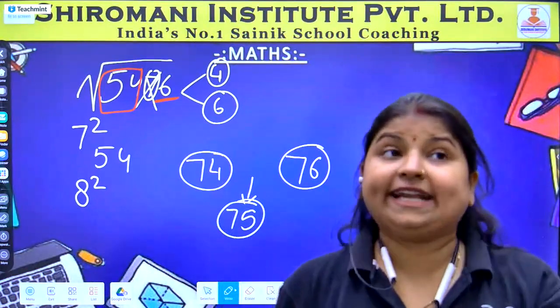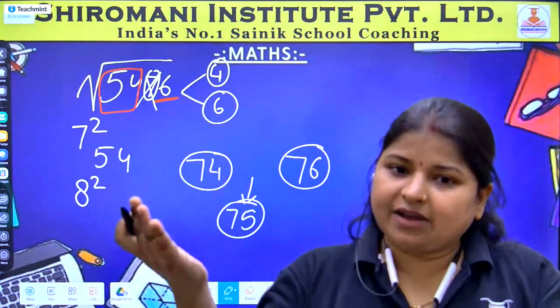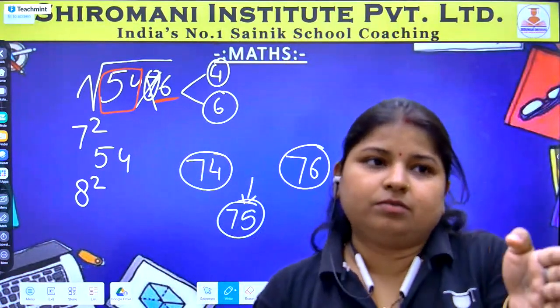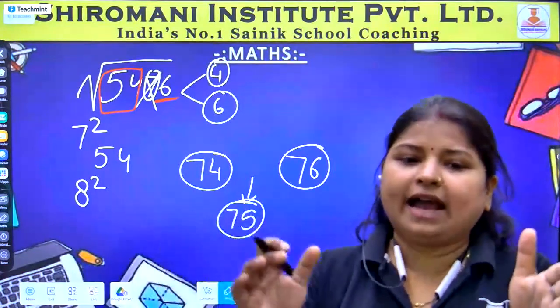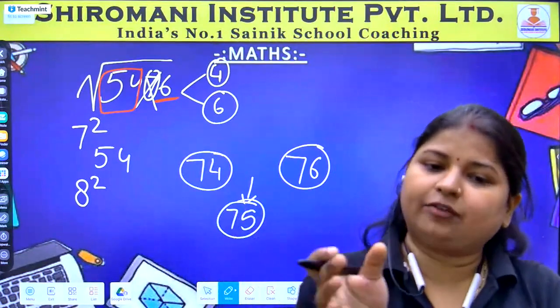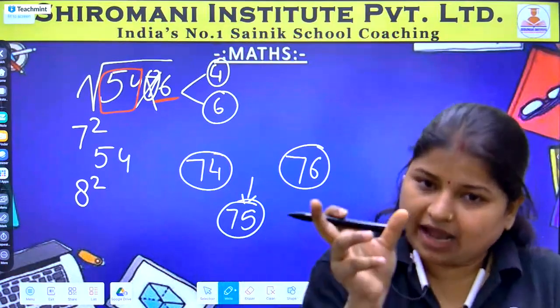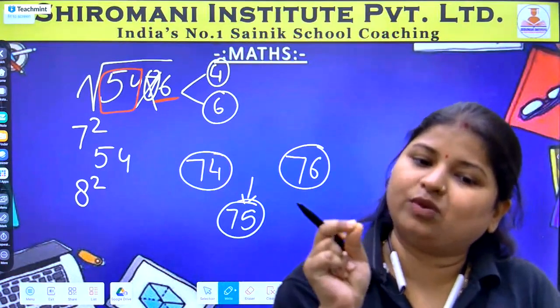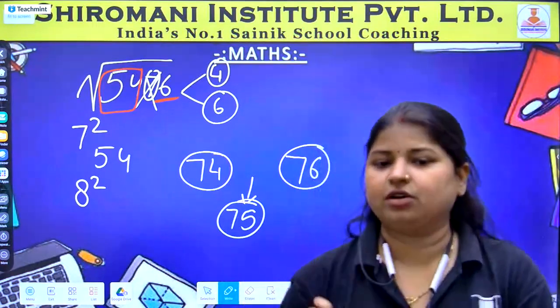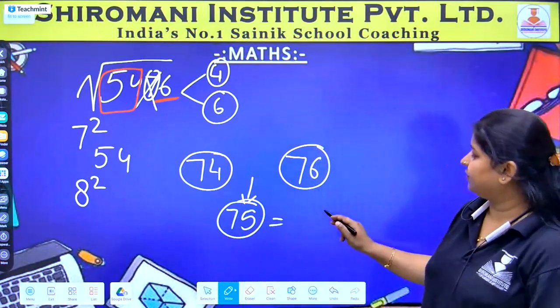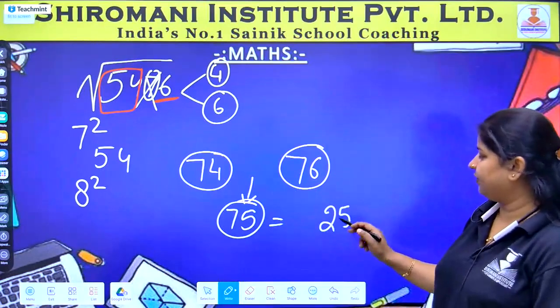If it was 84 and 86, I would have calculated the square of 85. In that line, I have to calculate the square which ends with 5. So 75 ka square is 5 into 5 is 25.